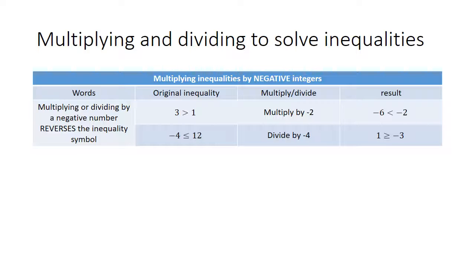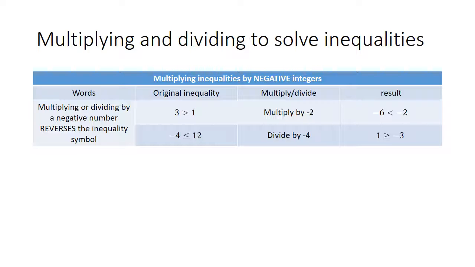But let's say we multiplied both the 3 and the 1 by a negative 2. That would give us a negative 6 and a negative 2. Well, negative 2 is greater than negative 6. So I want you to see that this sign flips when we multiply by a negative 2, and it has to change directions. So we go from being a greater than to a less than.